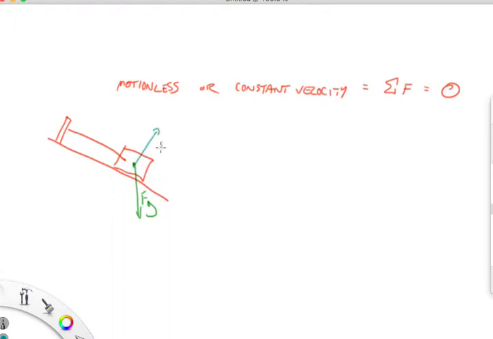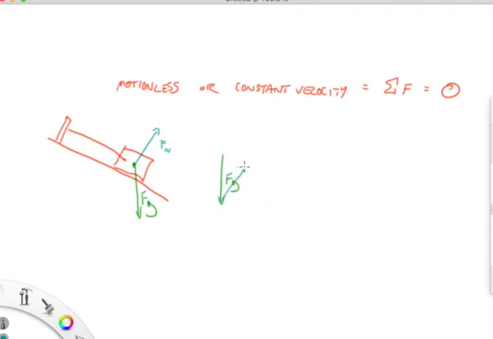But notice what's going on here. This is kind of cool. In this situation, if you add these two vectors up, let's try that. Let's add those two vectors up right now. If you add those two vectors up, they're not going to equal 0. So we'll just do this visually. We're going to say this is Fg, and then we're going to add Fn to it.